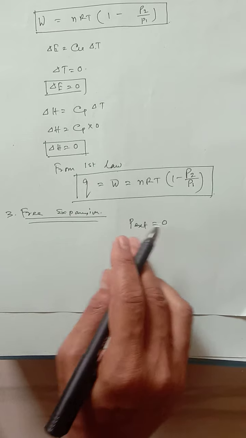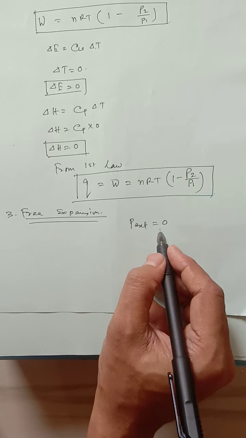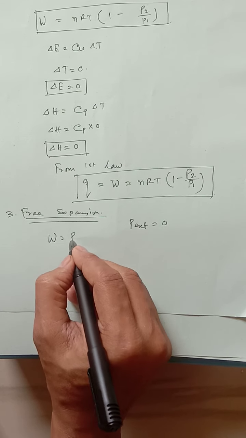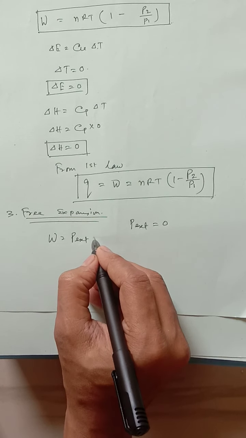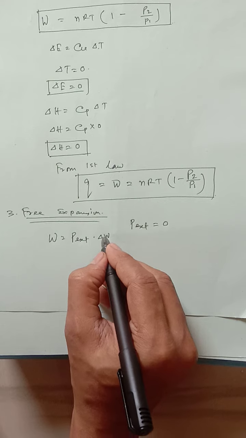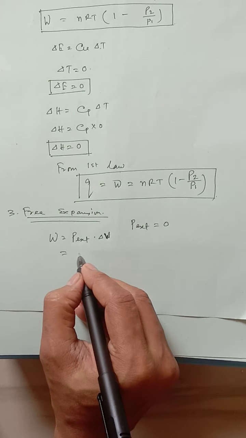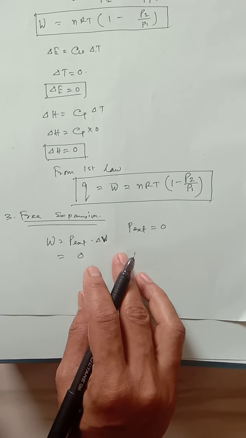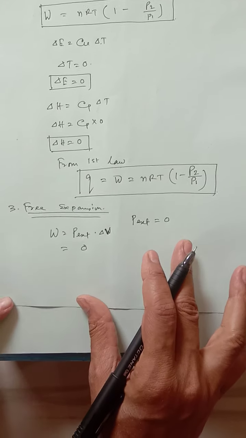And whenever the external pressure is zero, W becomes zero. Why? It is P external into delta V, and it will be zero because zero into whatever the volume means the ultimate work done will become zero.